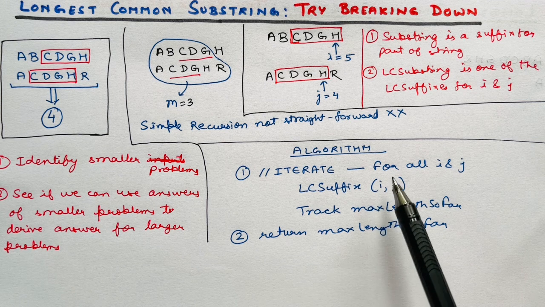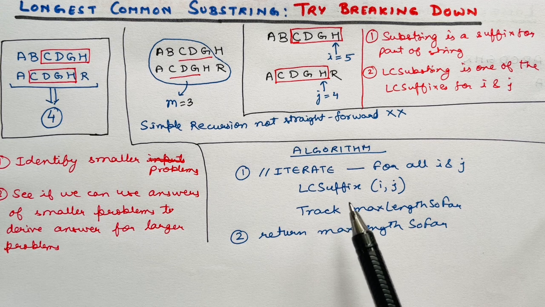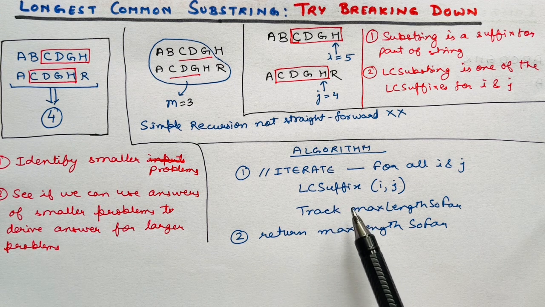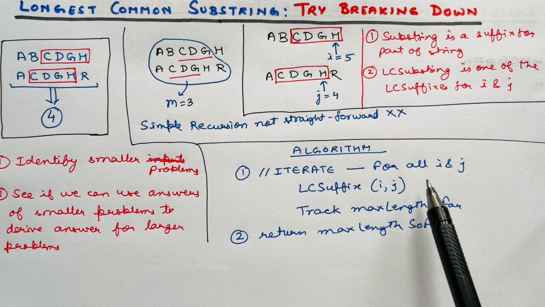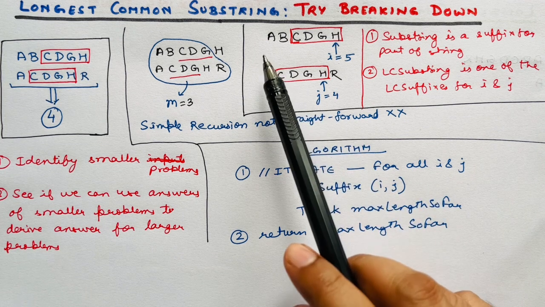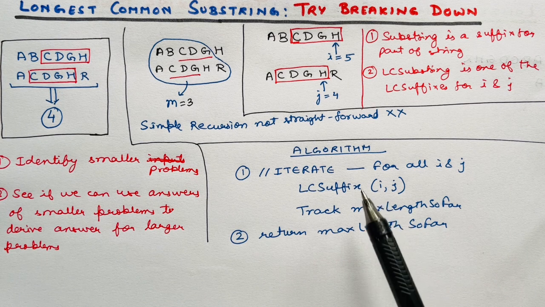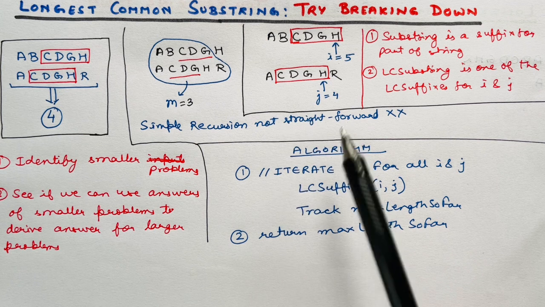For every pair of i and j, we can iterate, and in every iteration, we can figure out the longest common suffix for that pair of i and j. What does that mean? That means we are considering for string S1 characters from index 0 till index i, and we are considering for string S2 characters from index 0 till index j.